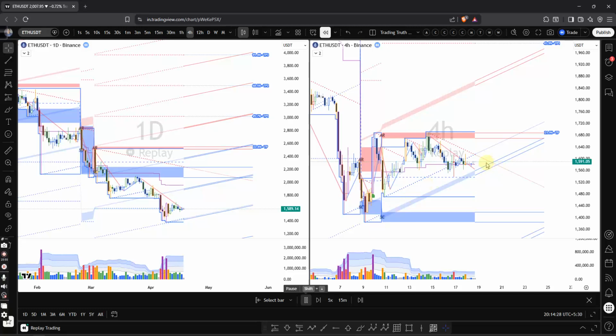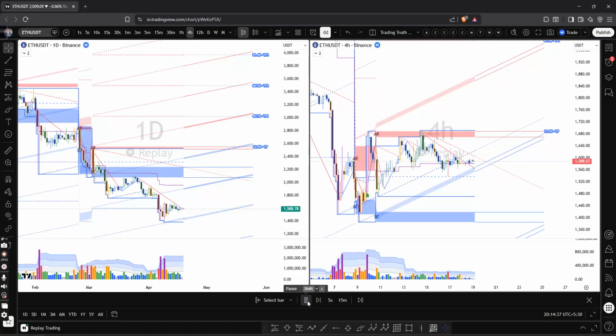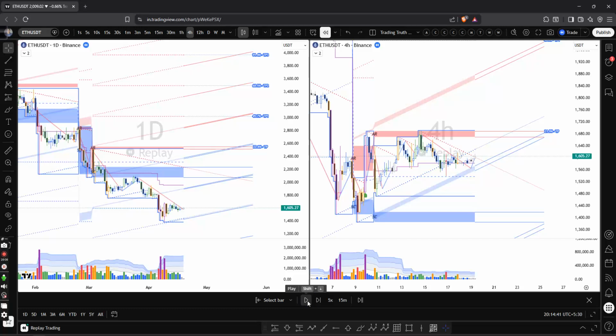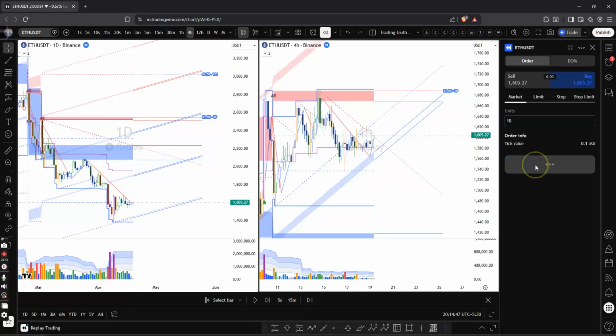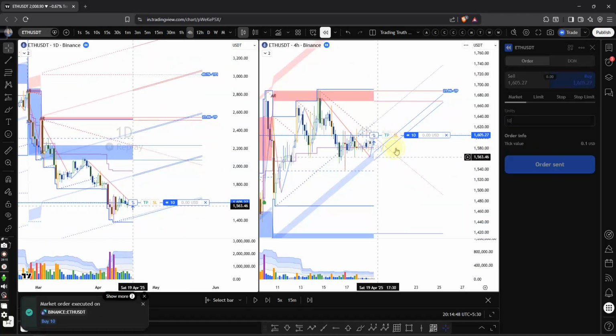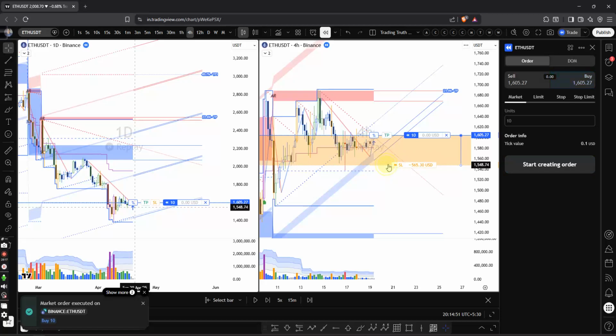So it's going to activate around here. All right, I'm going to position myself here because I see this blue line wave is closing above. I'll take a trade of 10 Ethereum. I'll put my stop loss below this low.